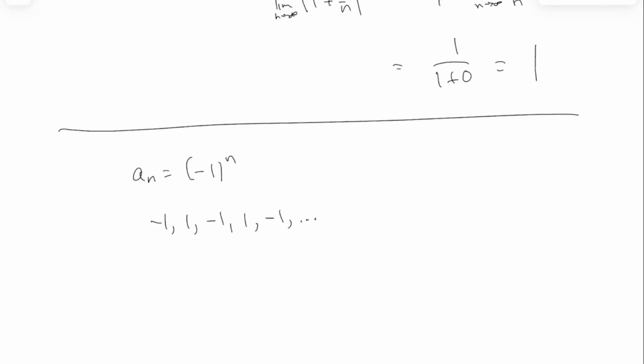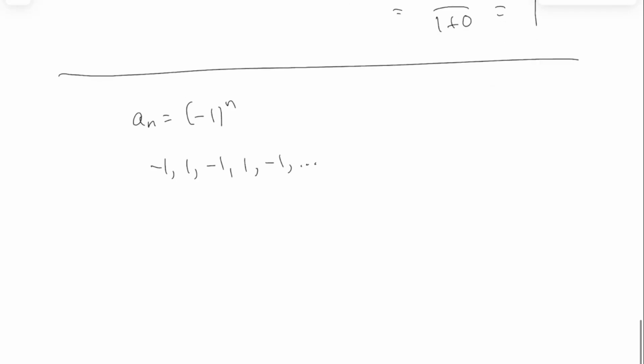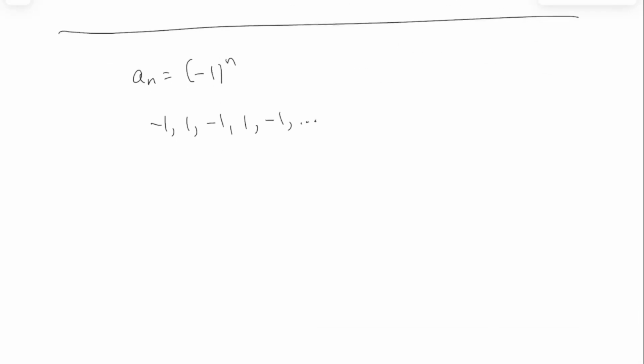And this one you have to be a little careful about if I ask you to find the limit of this sequence. So to find lim n goes to infinity of this thing, minus 1 to the n. For this one, actually, you can't translate that into a continuous function and analyze it that way.